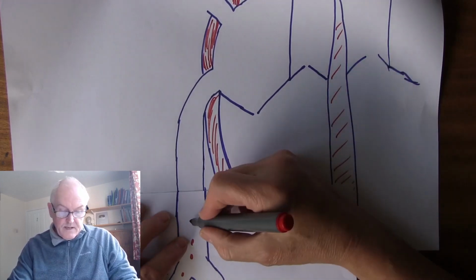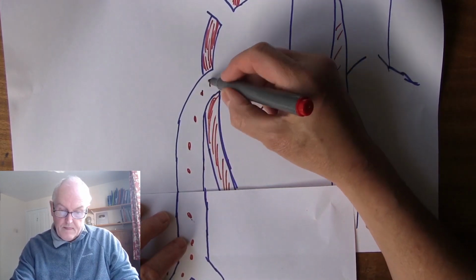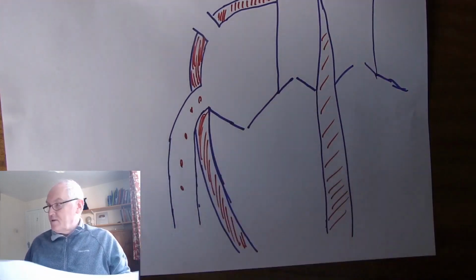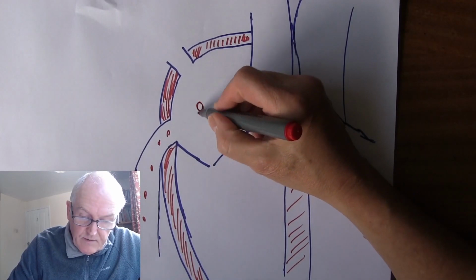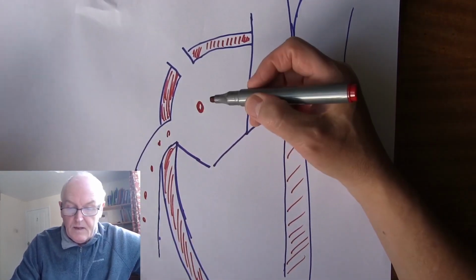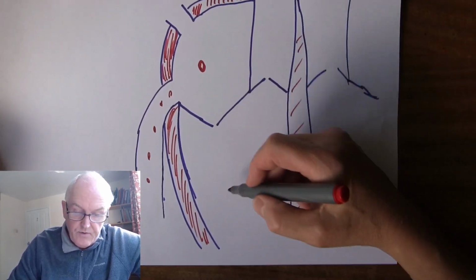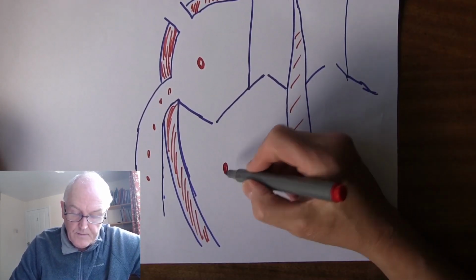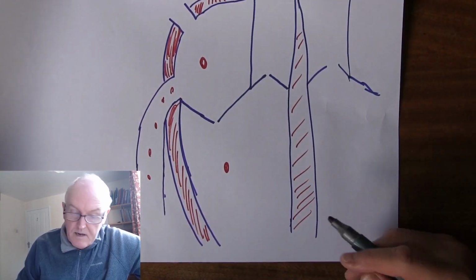So the emboli are going to carry on passing up here, and they're going to go into the right atrium here. And again, no problem because everything's getting bigger. Then when the right atrium contracts, the blood's going to go through into the right ventricle. And again, no problem because we're in a relatively large area here.